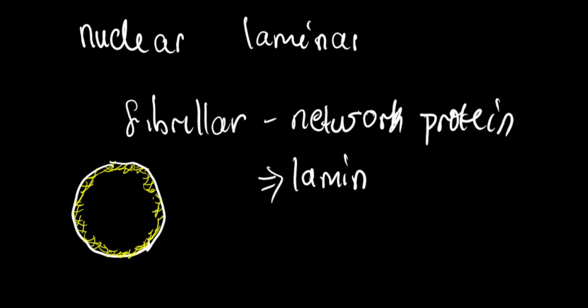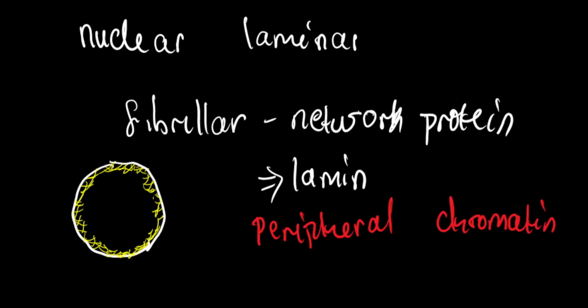Now why is it important for us to take note of this? It's important because the nuclear lamina not only provides support for the nuclear envelope, it also provides a form of attachment for the peripheral chromatins.